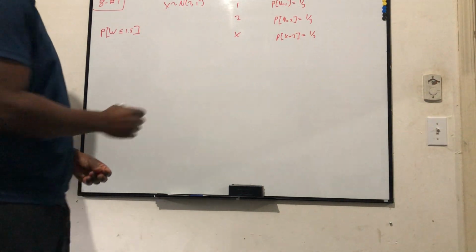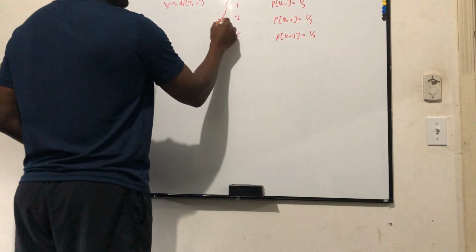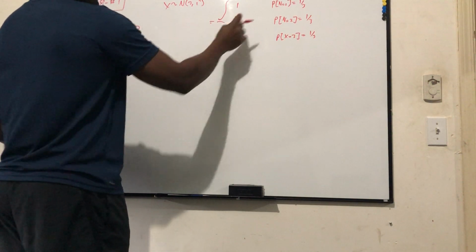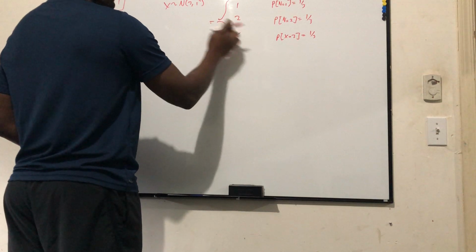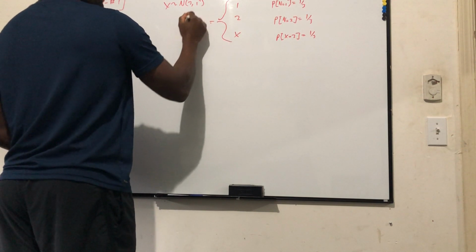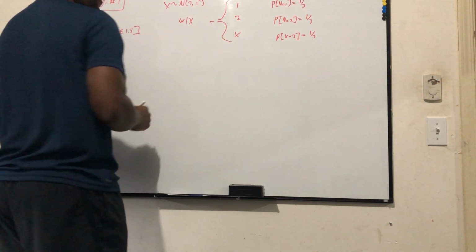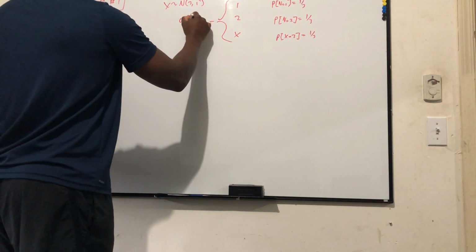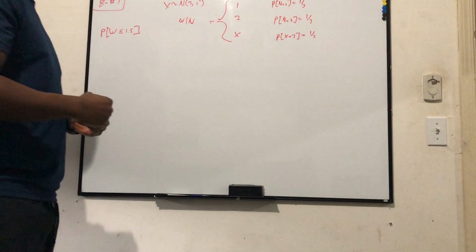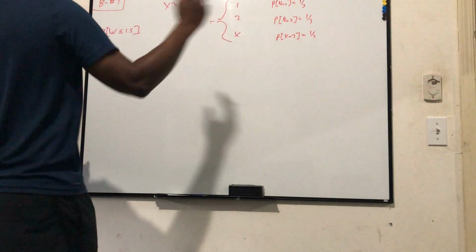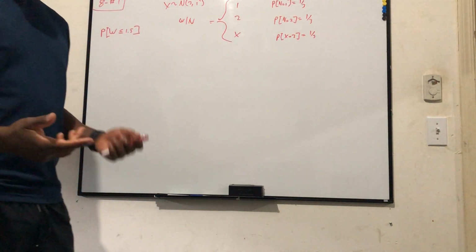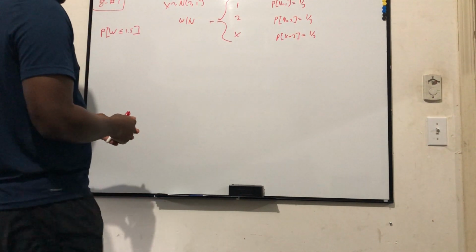Now, by reading the instructions very carefully, we know that these scores are not just W, it's W given N. We have to spin it, and then once we spin it, we know what score we get. Okay, so this is a conditional probability.